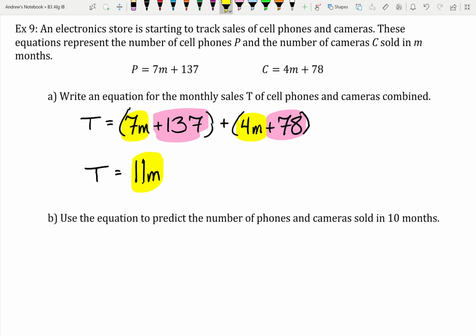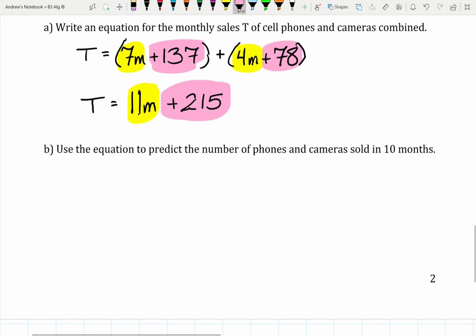And then the stuff in the pink, 137 plus 78 is 215. Cool. So the total number of sales is 11M plus 215.